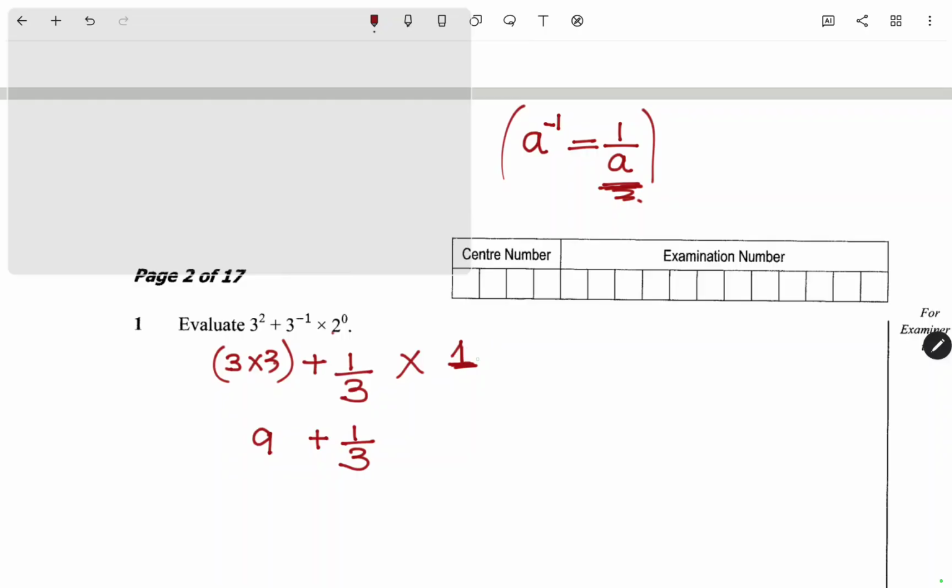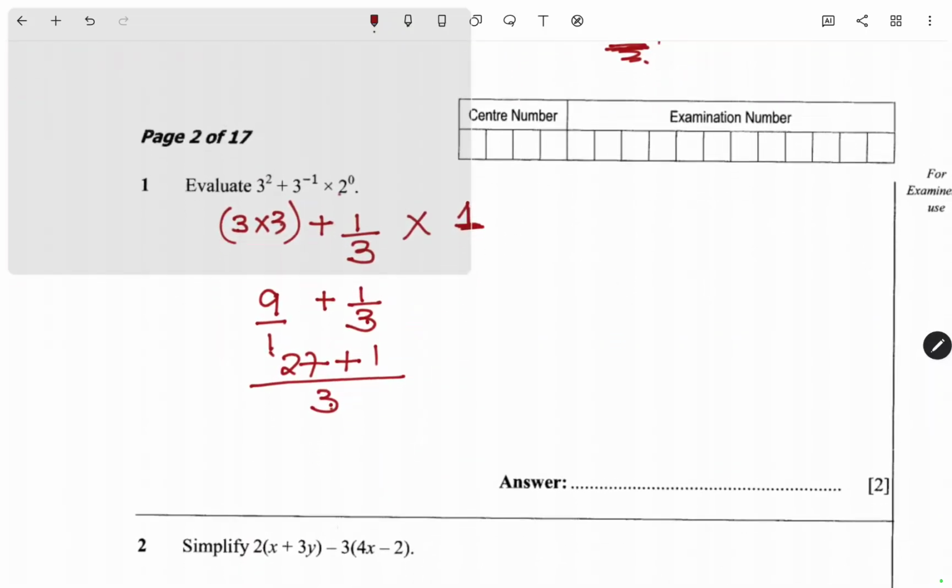This times 1 will give us just 1, so it can go. Even if we work with this again times 1, it will just be the same thing. So this will be over 1. Common denominator there is 3. 1 into 3 is 3. 3 times 9 will give us 27, plus 3 into 3 is 1, times 1 is 1 there.